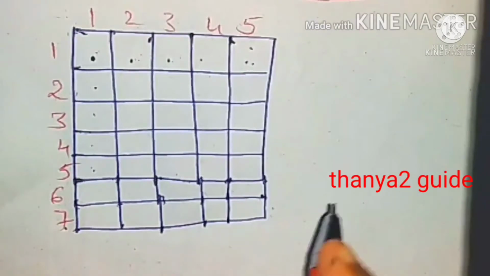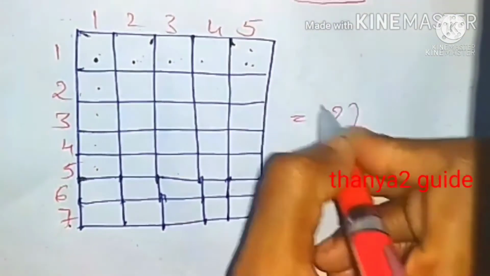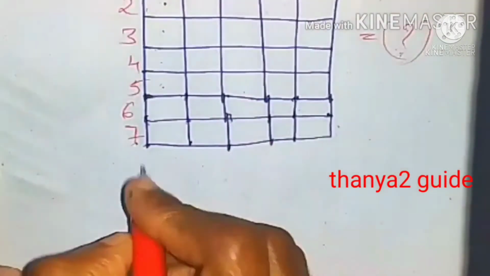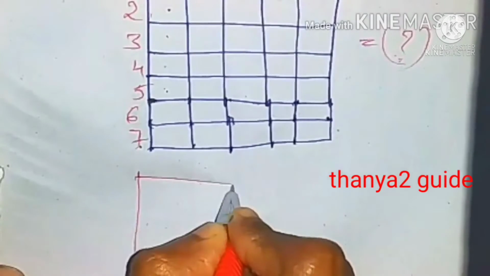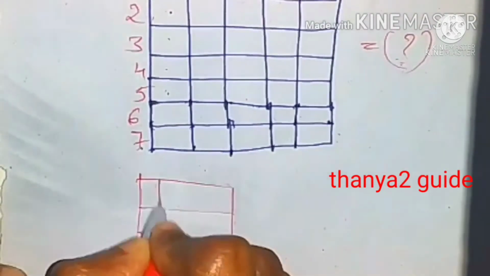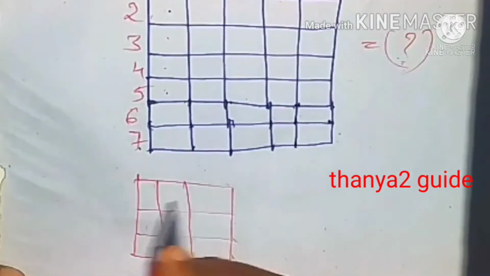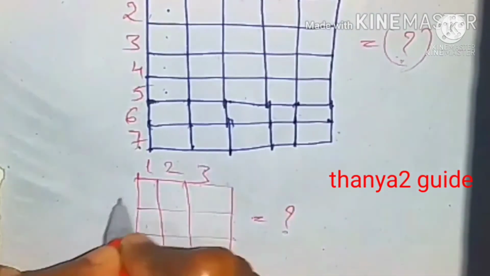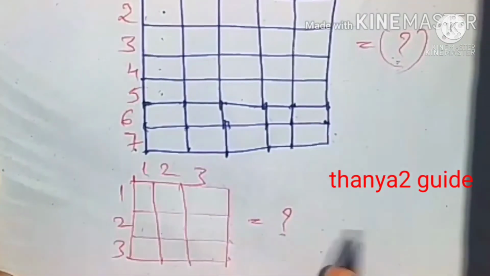Tell me the answer in the comment section. And one more small homework I am giving. Tell the answer for this also. This is a square which is having 3 rows and 3 columns.